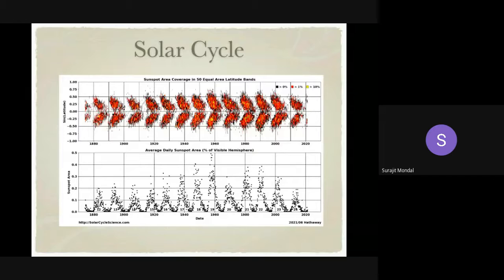Now, as the number of sunspots increases, these sunspots move towards the equator. And at the peak of the solar cycle, by peak I mean the time at which the number of sunspots is the maximum, at those times the sunspots are often seen even at the equator.